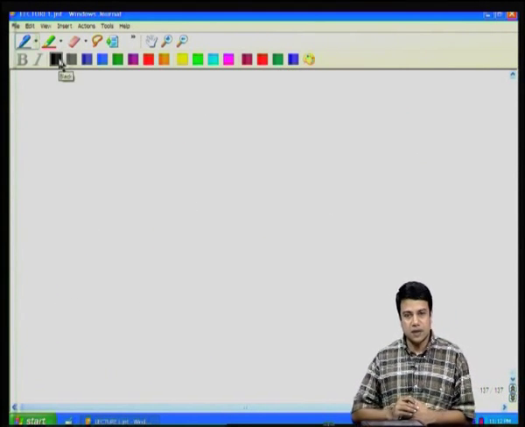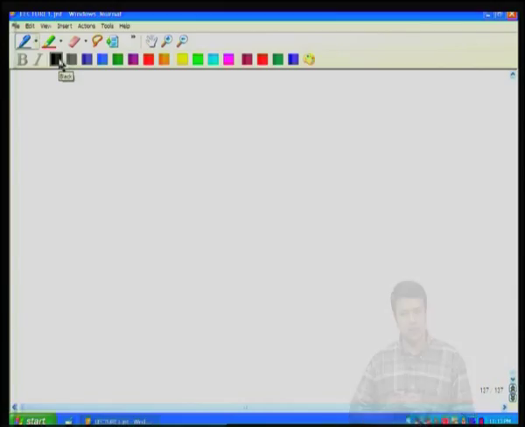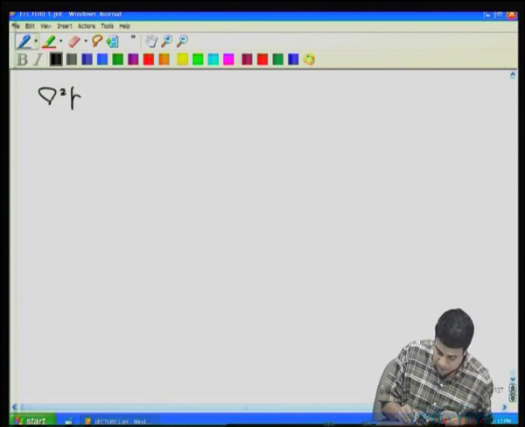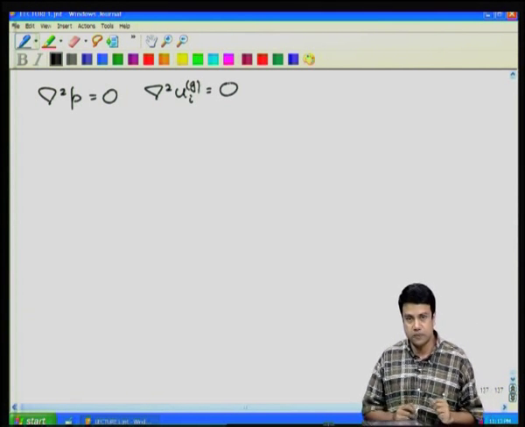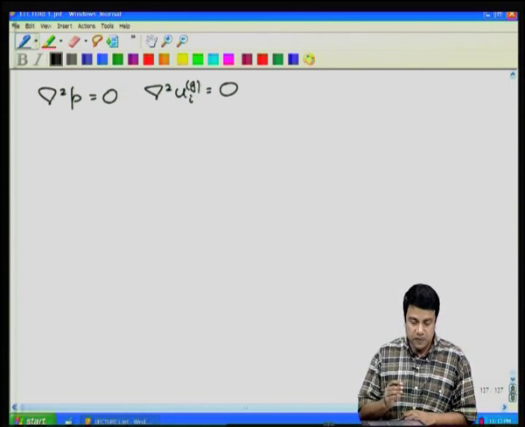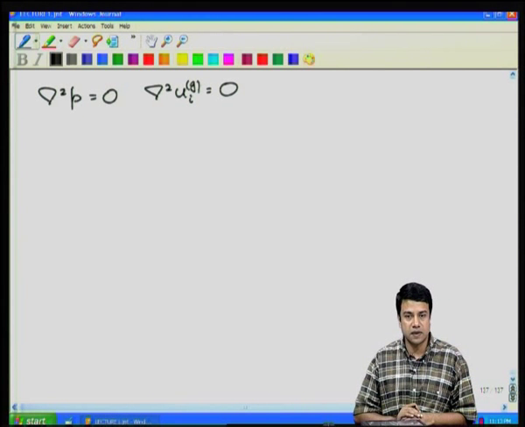So, one is that all solutions have to be linear in the spherical harmonics. Okay. So, I was trying to solve the equations del square p is equal to 0 and del square u general is equal to 0. Okay. So, those were the two equations I was trying to solve. That means that both p and u general have to be some linear combinations of these spherical harmonics.